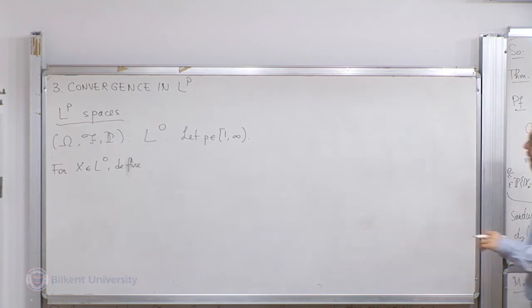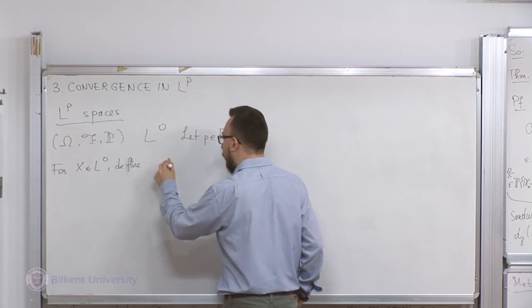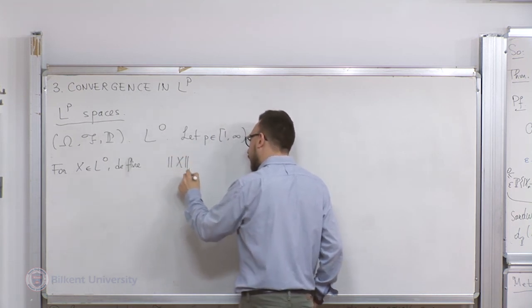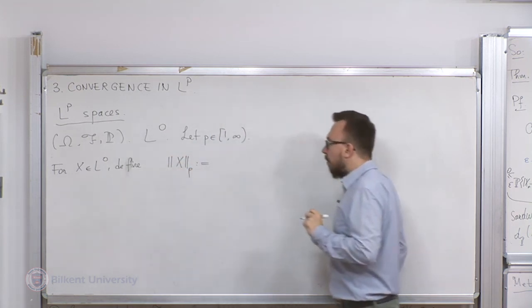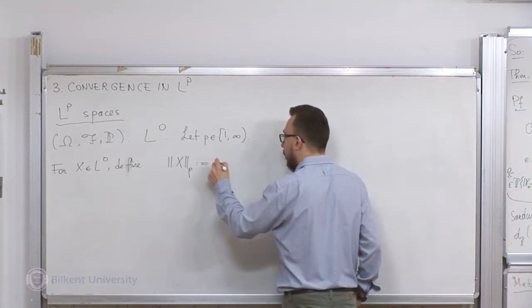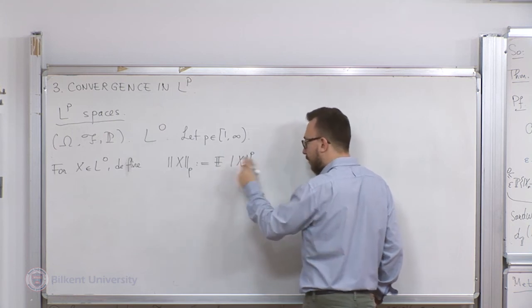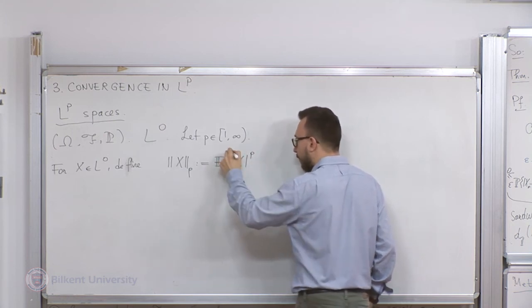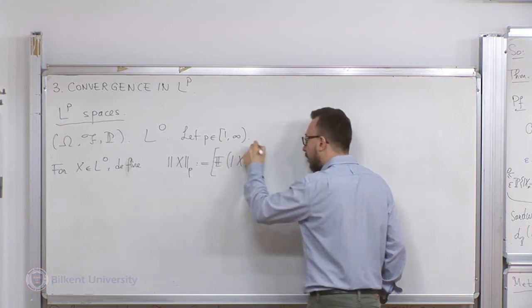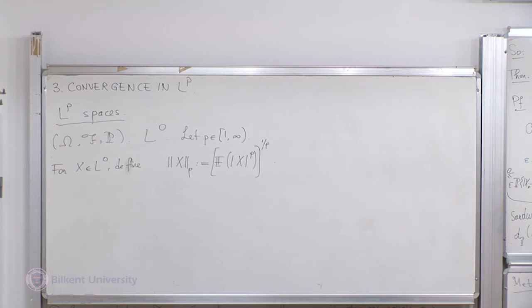If it's 2, it's going to be related to second moments or variances. So define the LP norm of x as follows: it is the expected value of the pth power of the absolute value of the random variable, and this whole thing is raised to the power 1 over p as a normalization.